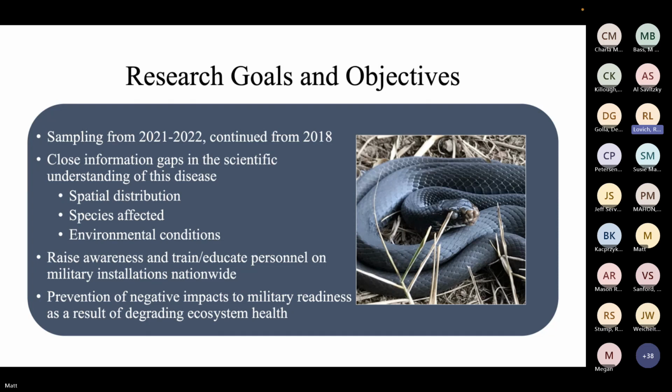In a lot of cases, each of us as biologists for the military may be more knowledgeable on birds or fishes or whatever. And so it gives folks an excuse to learn more about a group of taxa that they're not as knowledgeable about on their bases, and then preventing the negative impacts to the military mission.